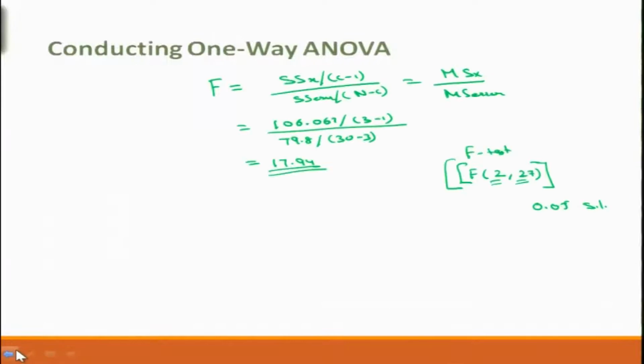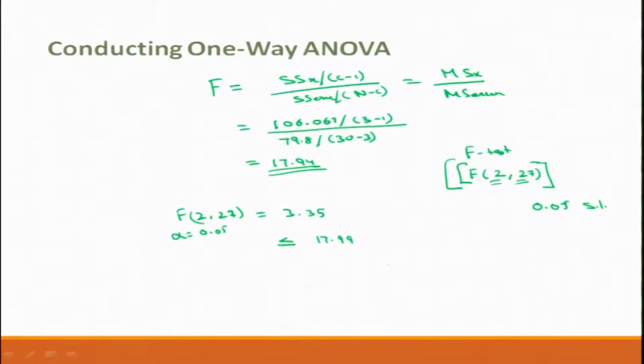So, we found that the tabulated value, that is F 2,27 for 0.05 alpha, is equal to 3.35. This value is far less than 17.94.